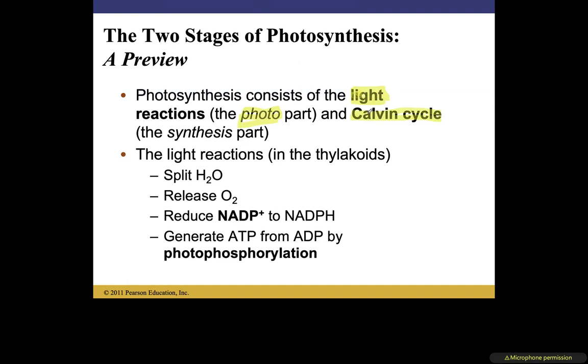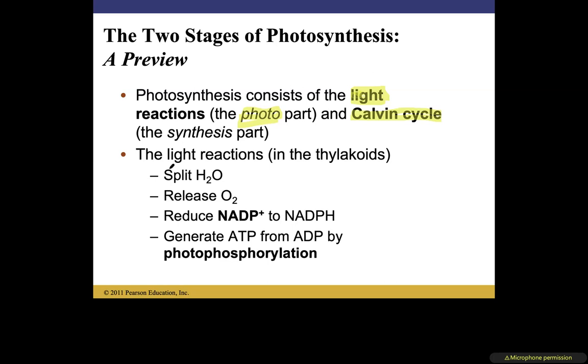They used to call it the dark reaction. It's not really correct. It's kind of an old school terminology, but really it's the synthesis part of the photosynthesis reaction. So in the photo part, the energy is obtained from the sun. And in the Calvin cycle, that energy is put to use in order to synthesize the sugar.